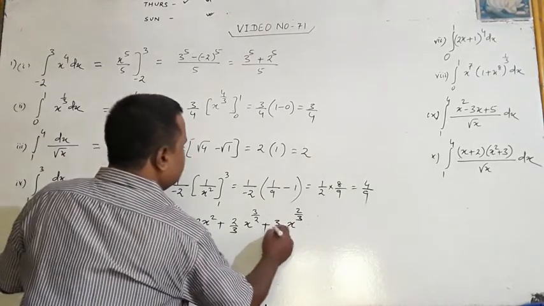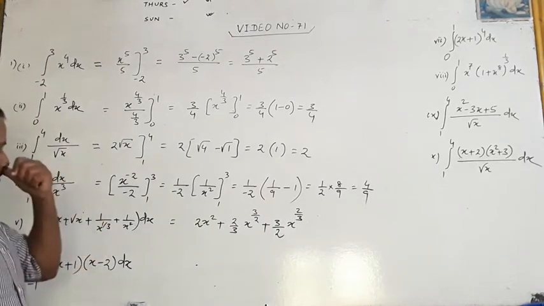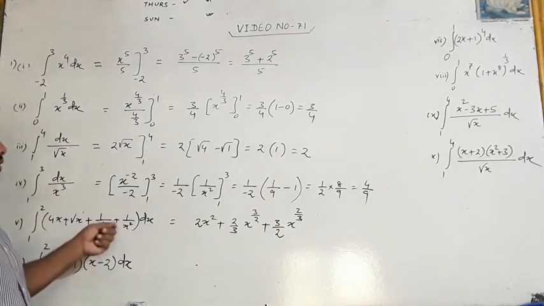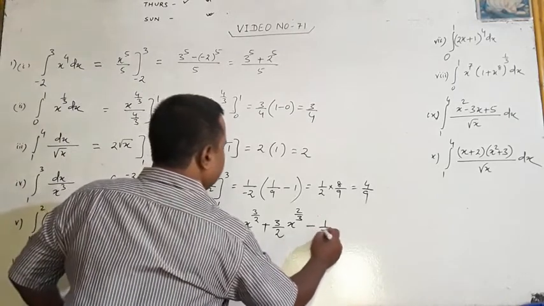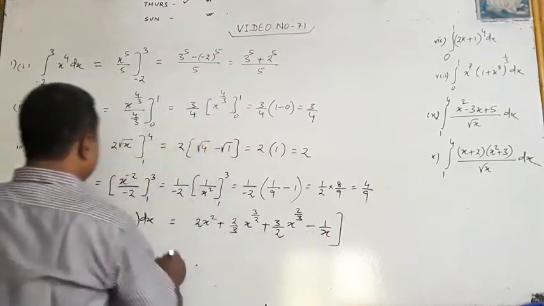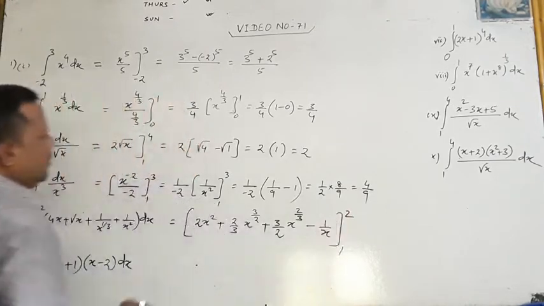Then 1 by x square, x to the power minus 2, x to the power minus 2 plus 1 by minus 2 plus 1, that is minus 1 by x. Then you can put the upper and lower limits, 1 and 2, and you will find the answer.